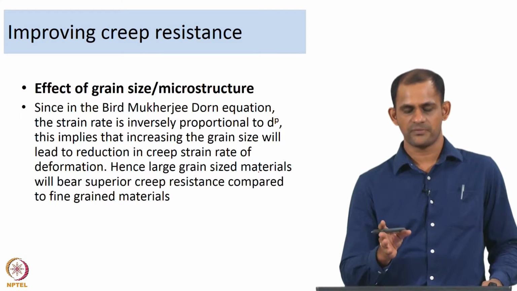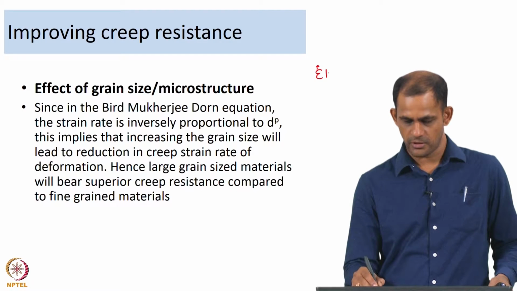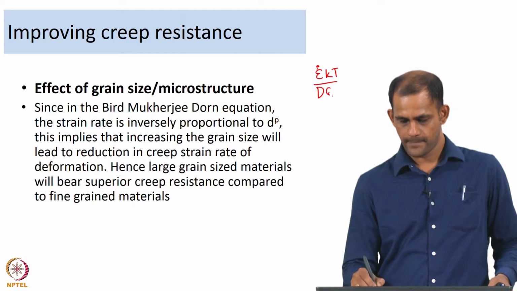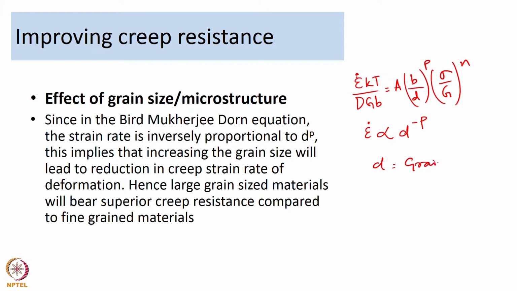Let us take the example of grain size. From the Bird-Mukherjee-Dorn equation, epsilon dot kT by dGb is equal to A D by b to the power p and sigma by G to the power n. So, what this basically means is epsilon dot is proportional to d to the power minus p, where d is the grain size.